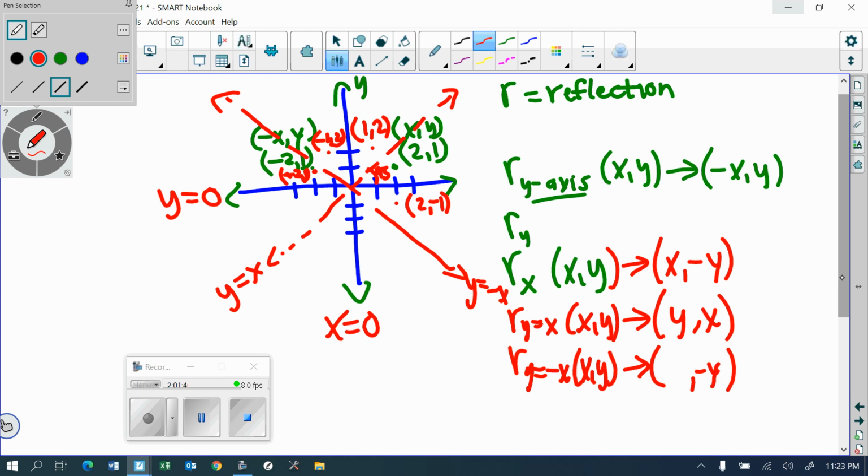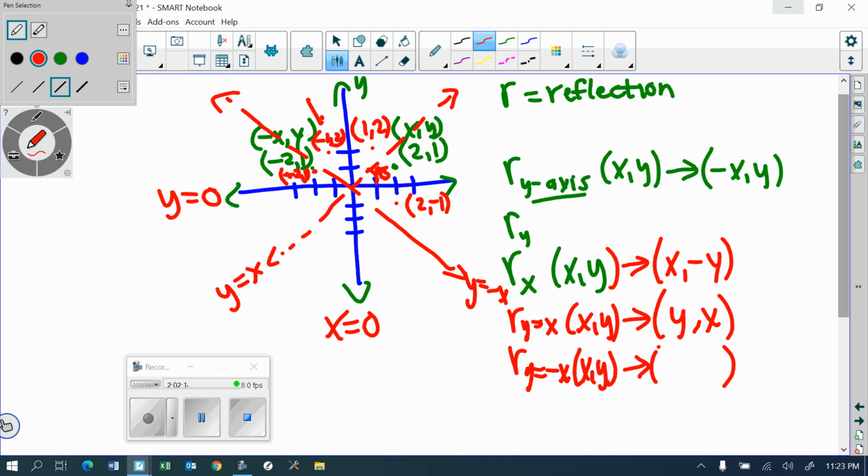That negative 2 became positive 2. This original y became the x, and it took its negative. I said it wrong. Okay, I explained it, but I didn't write it right. Hold on.